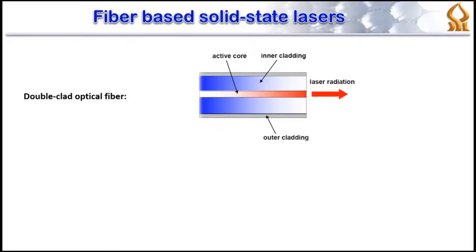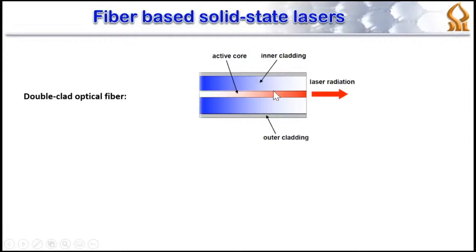Fiber-based solid-state lasers are based on double-clad optical fibers, which have two waveguides, I would say. One is the inner core, where the active laser ions are embedded. And the other is the clad, the blue clad here, where the pump is guided.